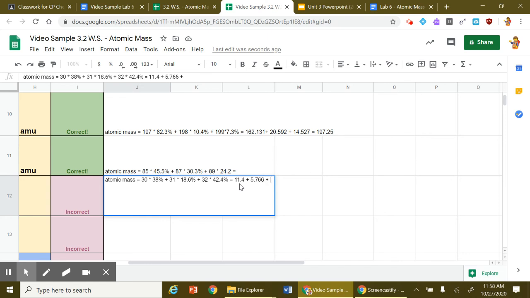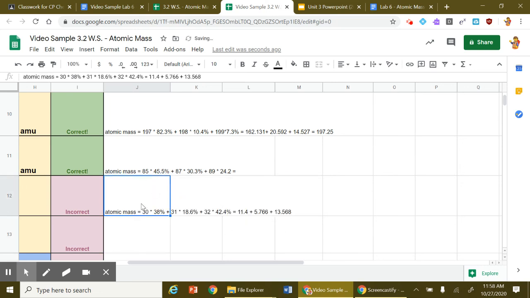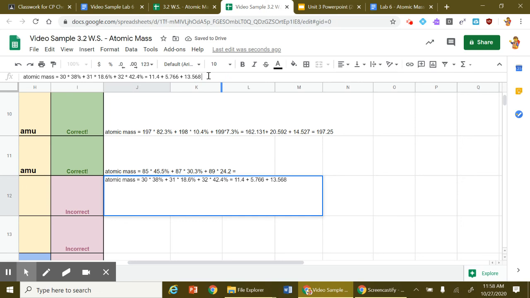Plus the last one, which is 32 times 42.4%. And I got 13.568. Okay, let's see here. Add these all together. Double check. All right, 11.4 plus 5.766 plus 13.568. I got the same thing again.